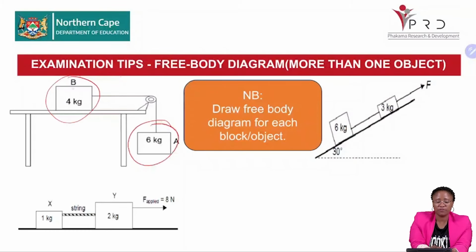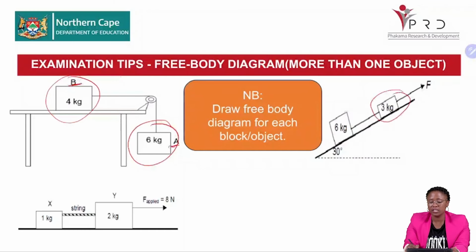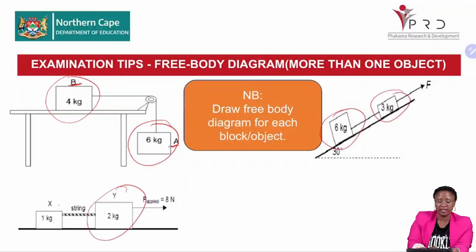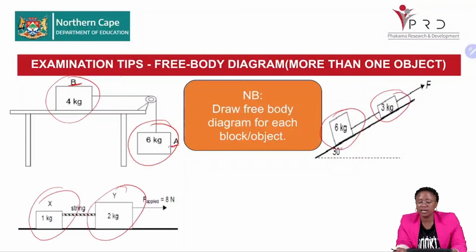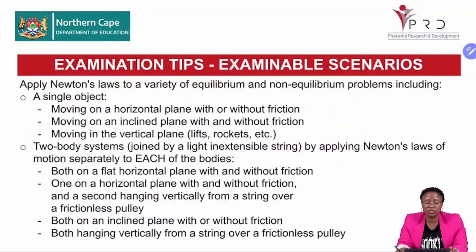You need to draw the free body diagram for B and also draw the free body diagram for A. And over here, you have this 3 kg and the 6 kg. Again, you draw the free body diagram for the 3 and draw the free body diagram for what? For the 6. And then also here, you have the X and the Y. You also do the same. You draw the free body diagram for those ones. All right. Very, very much important to consider.